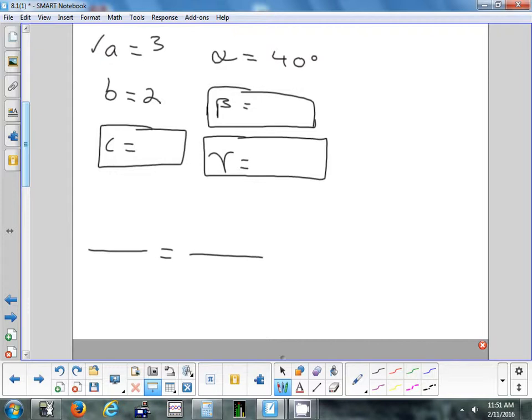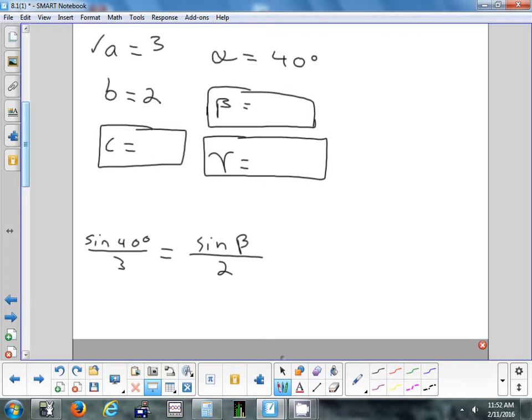Somebody else, what kind of proportion can I set up here? Sine 40 over 3 equals sine beta over 2. That's a little different than what we've had so far, but we've seen that before.